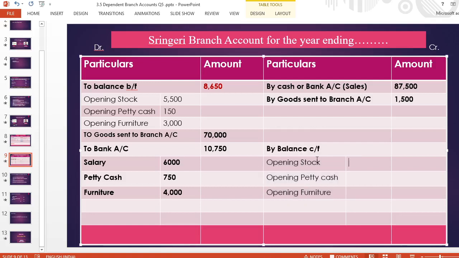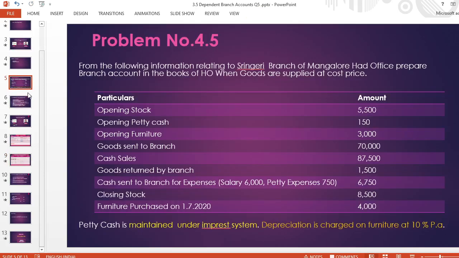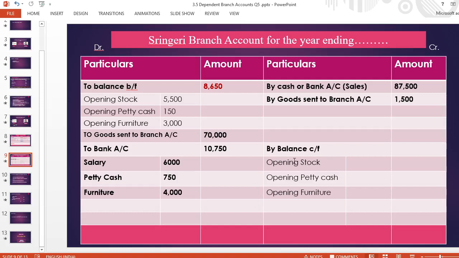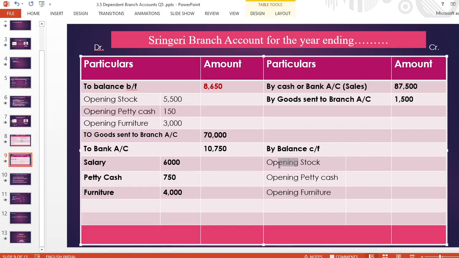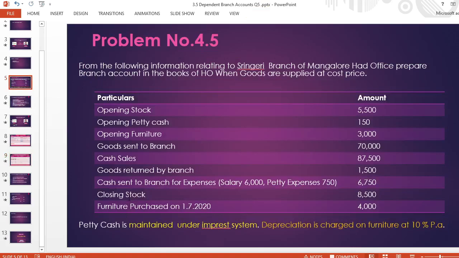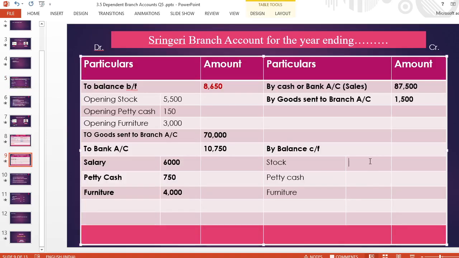So here opening stock that I should check in the it's closing stock. Instead of opening, it's closing stock, closing petty cash, and closing furniture. So I should record the stock value from the problem. So here closing stock is 8,500. I can record directly 8,500.